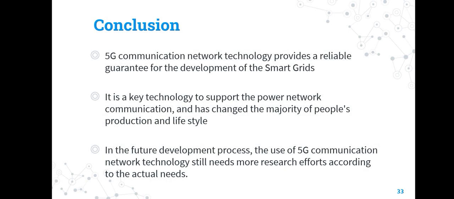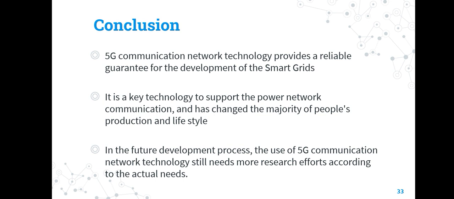So now, to conclude, 5G communication network technology provides a reliable guarantee for the development of smart grids. We have seen the applications in which we can implement 5G in power systems. So 5G technology can be considered a key technology which supports power network communication.